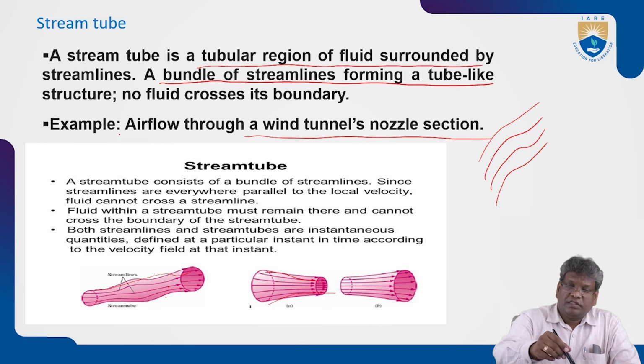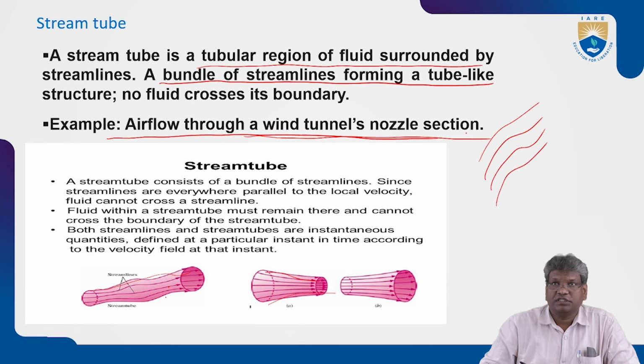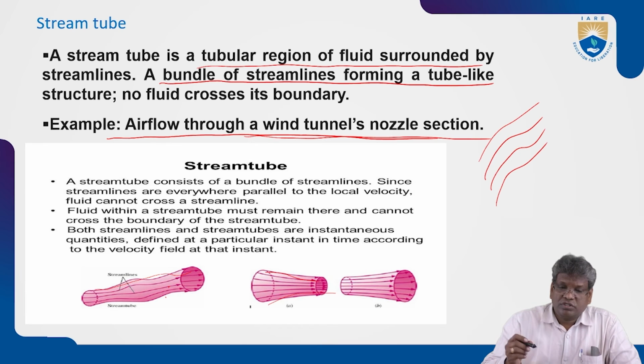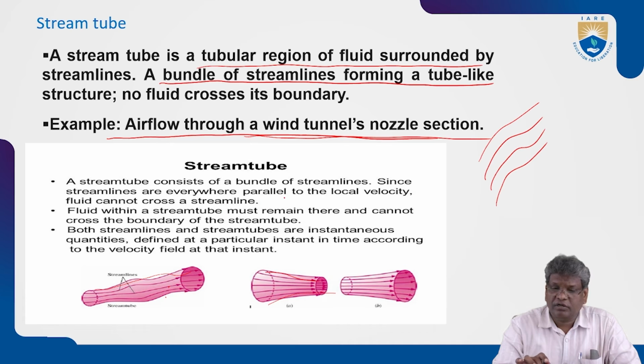So the airflow through a wind tunnel nozzle section is an example of a stream tube. A stream tube consists of a bundle of streamlines, which are everywhere parallel to the local velocity. Fluid cannot cross the streamline or the boundary.